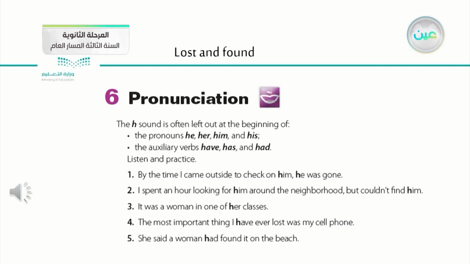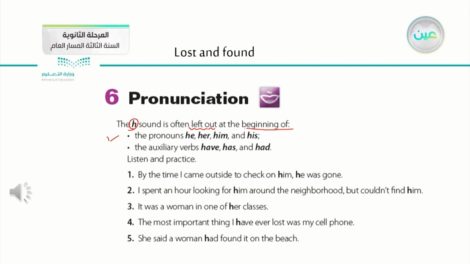Today, we are going to focus on the H letter. The H sound is often left out. What is the meaning of left out? Left out means removed, not pronounced, not uttered once we say the word. The H sound is often left out at the beginning of, the first one, the pronouns like he, her, him, and his.